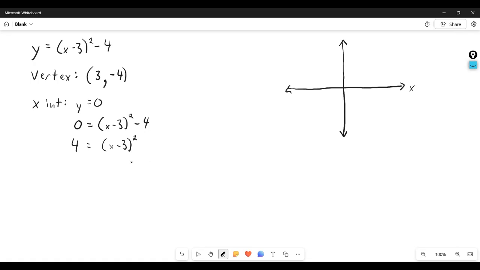Okay, now let's take the square root of both sides to get rid of the square. So we want square root of that, square root of this. Now, what's the square root of 4? It's 2, right? But did you know it could also be minus 2?